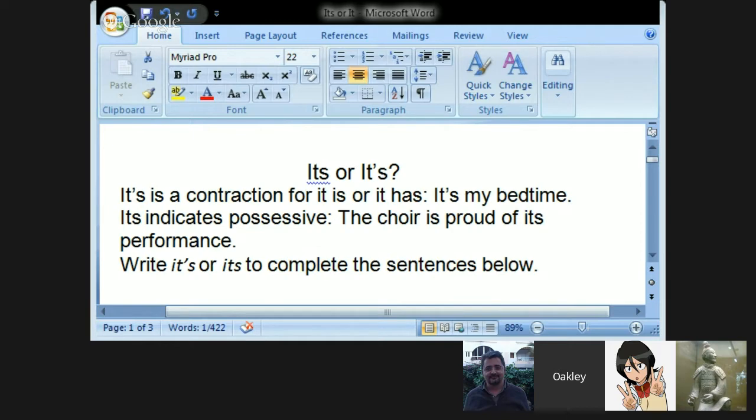Eden, what is it's the contraction for? What two words? It is. Well, yes, that is correct. But it can also be... has? And there we go. Vicente, very good. It can also be the contraction for it has. Same thing with she's, he's.